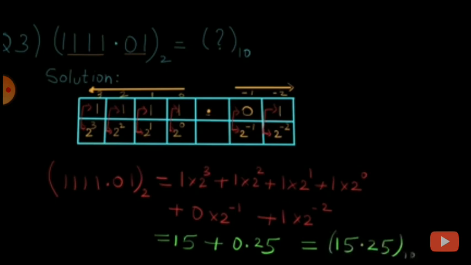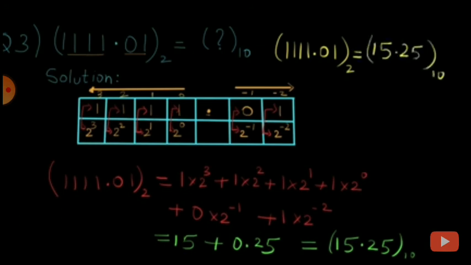So we reached our final answer. So 1111.01 in binary is equal to 15.25 in decimal.